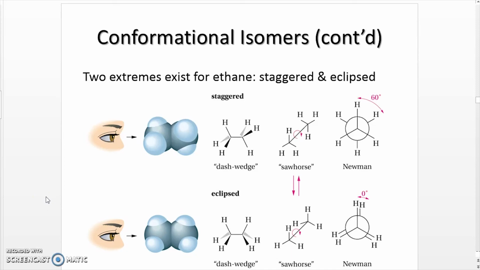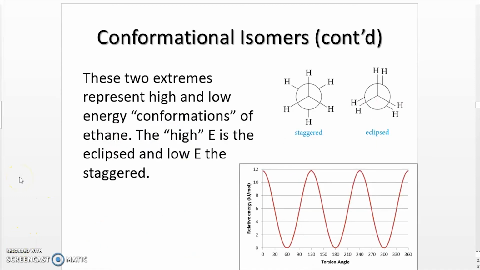So the hydrogens are overlapping each other from the front carbon to the back carbon. So this slide demonstrates the two extremes of the conformations. So the staggered, as we've said, the hydrogens on the front and back are what are called anti to each other. They're farthest apart. In the eclipsed, now they're very close together.